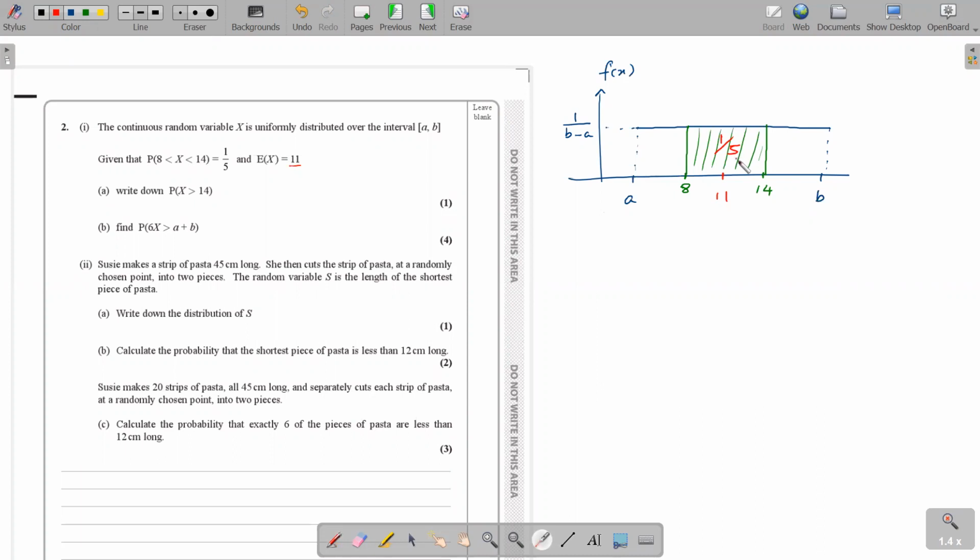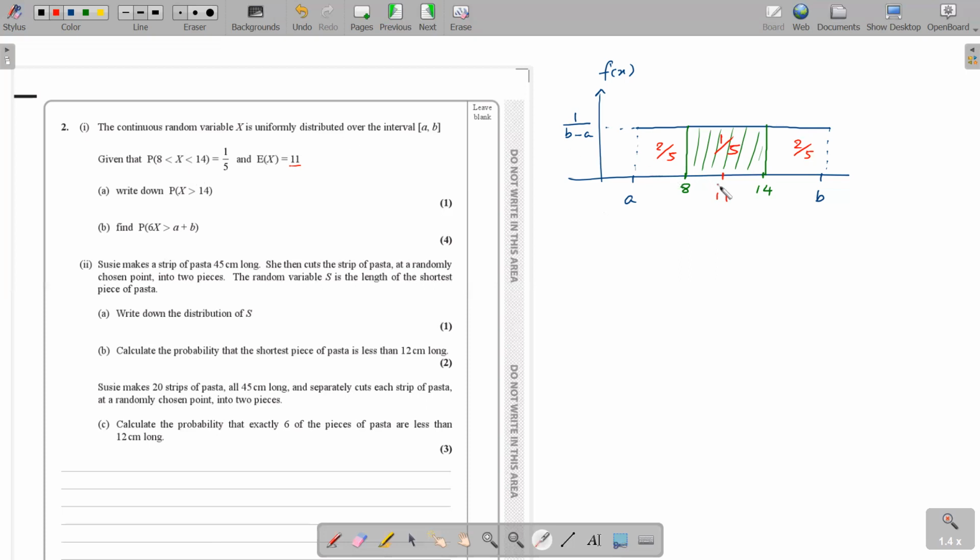Out of that 4 over 5, half of it comes to the more than 14 side, half of it comes to the less than 8 side. So you get this side area 2 over 5, the other side area 2 over 5. Why is this happening? Because 11 is exactly in the middle, and 11 is exactly the middle of 8 and 14 as well.